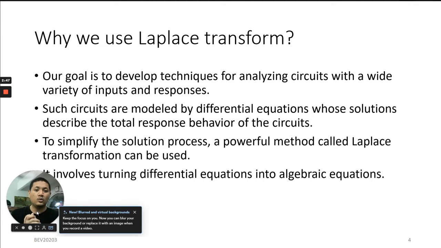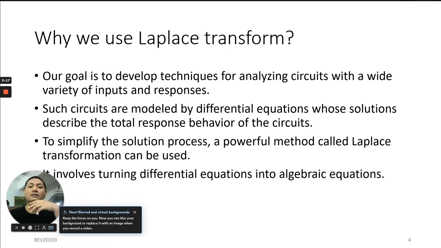So in this chapter we will review the Laplace transform. However, in chapter 3 we will look at the Laplace transformation being applied on circuits. In chapter 3 we will see the application. Basically, Laplace transformation involves changing or transforming differential equations into algebraic equations.